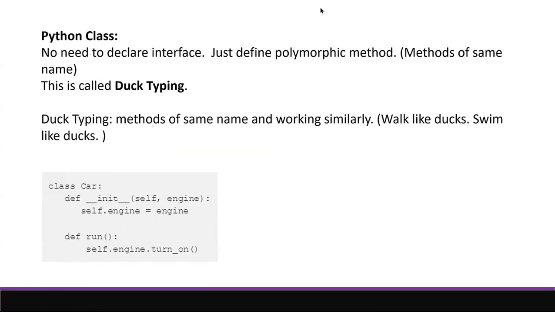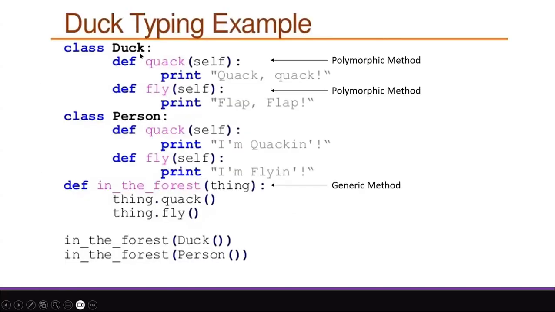So no need to declare an interface, just define a polymorphic method of the same name in different classes. This is called duck typing. The idea is that they will work in the same way and they are considered to be a duck type. So a duck can quack, a duck can fly, a person can quack, a person can fly. In Java, you need to have an interface in order to create a generic method, but here you don't.